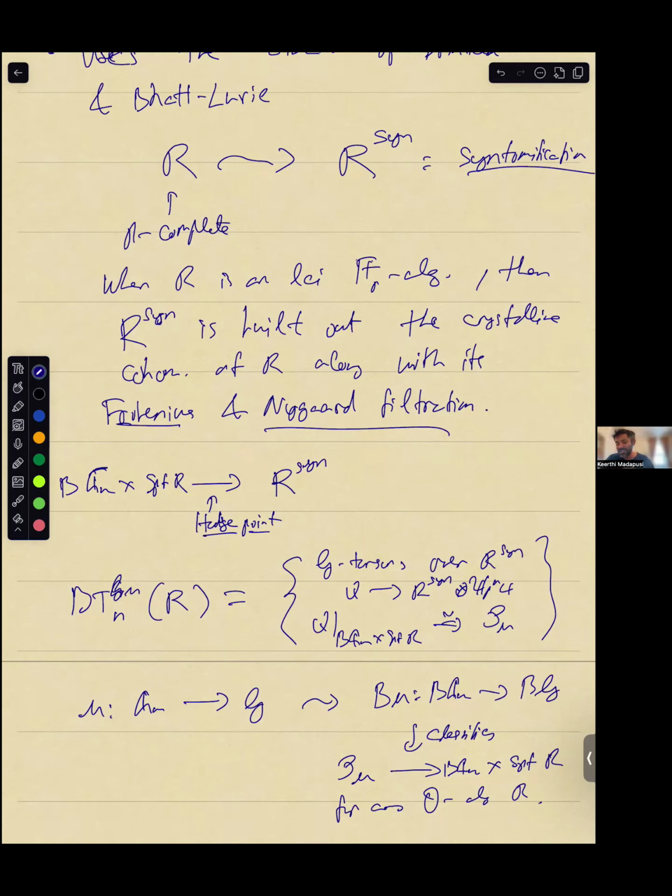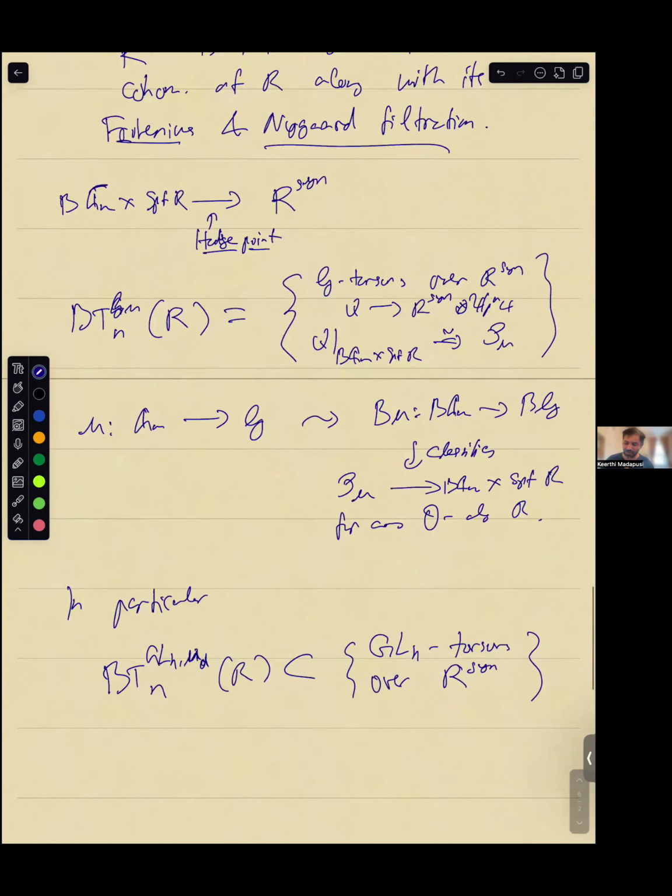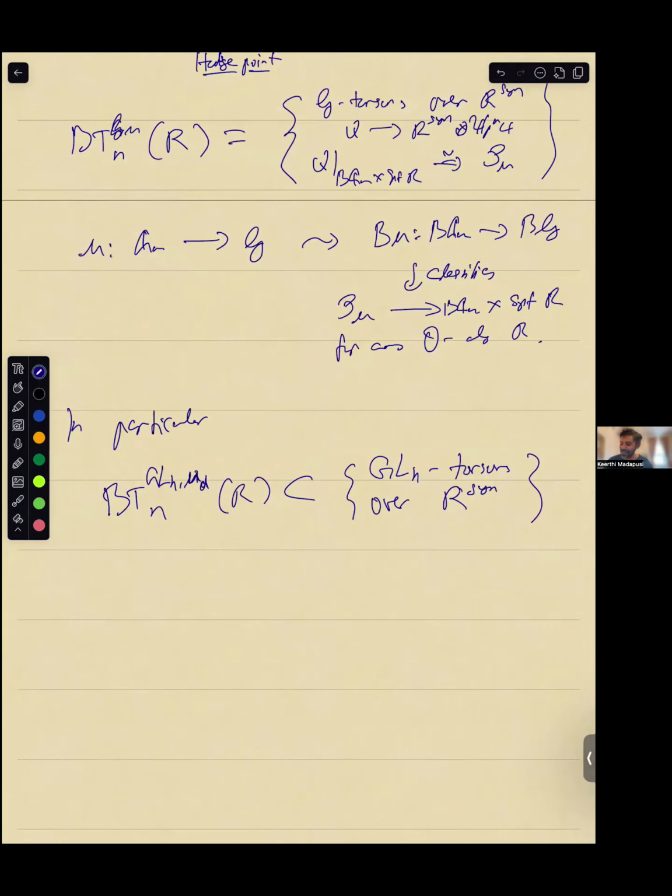But there are certain structures that you can't, at least not without some restrictions on your input rings. This gives you a very clean way of doing tensor constructions with p-divisible groups. So this is the same as vector bundles of rank h over R^syn, and this is a nice tensor category. You can do whatever you want inside of it.